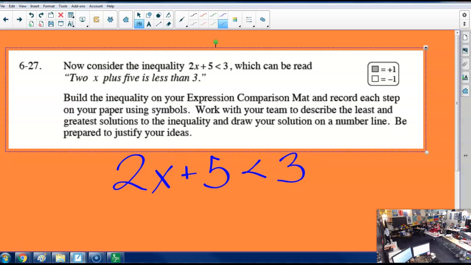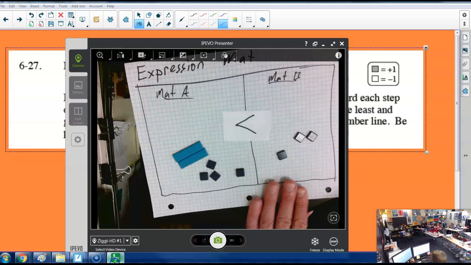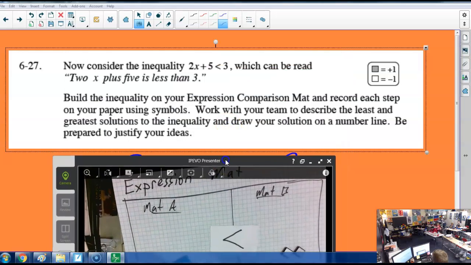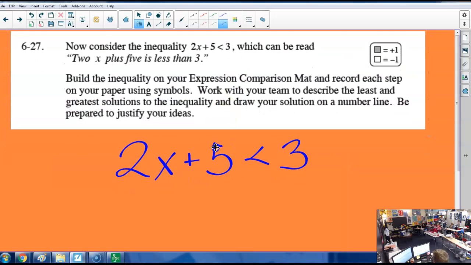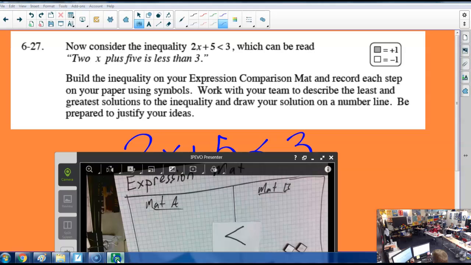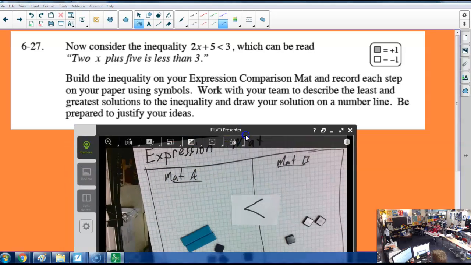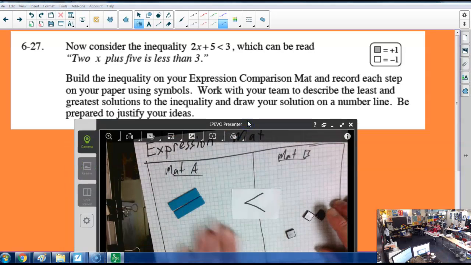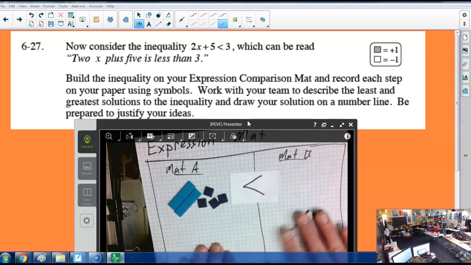Grab 5 1's, grab 3 1's. Wait, which side is this? Left side versus right side, right? So if we do 2x plus 5 is less than 3, it'll look like 2x plus 5 is less than 3.